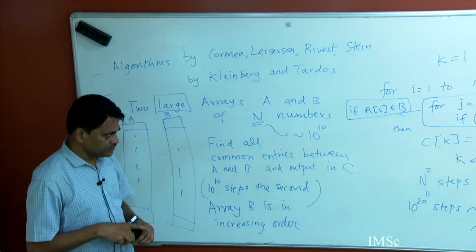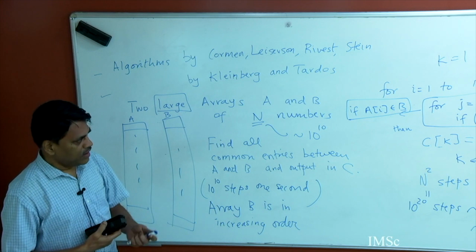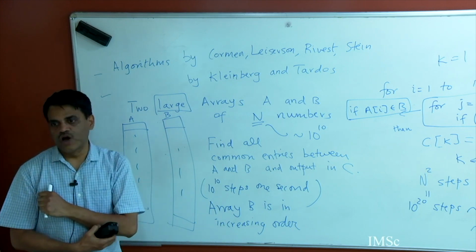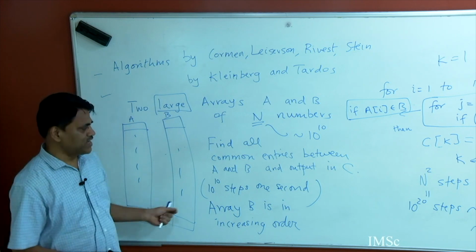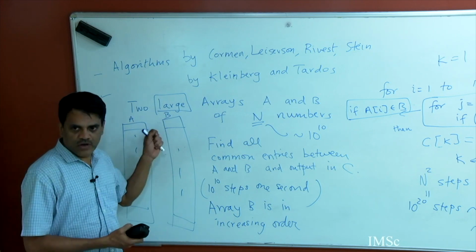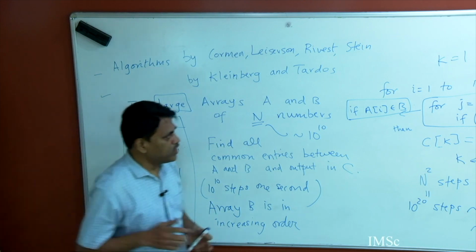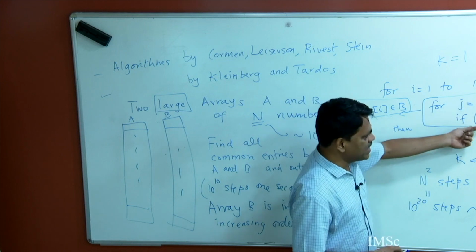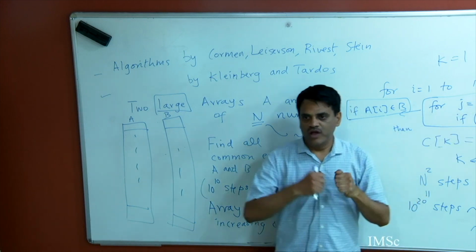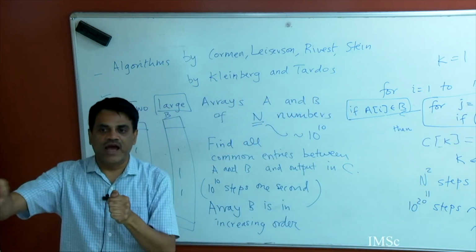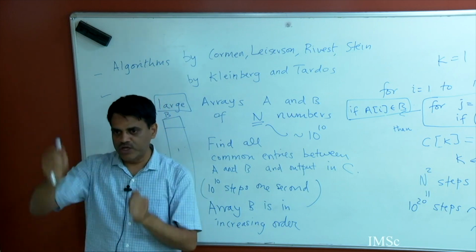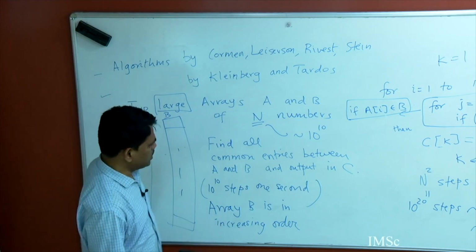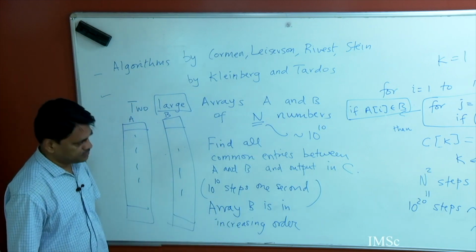If the array is sorted, it turns out you can do much faster than checking for an element one by one. What was this algorithm doing? If I want to know whether A_i is in B, it was checking each entry in B, whether it is equal to A_i, for every entry, and it took us n steps. But now, how can I take advantage of the fact that B is sorted?